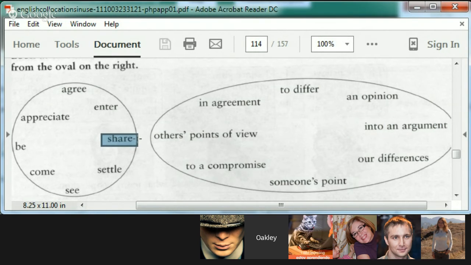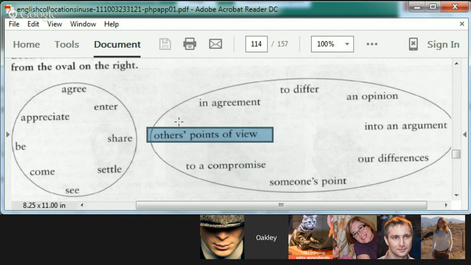Okay, how about share? Alex, share. I found only one pair. Share an opinion. You can share an opinion, yeah. Very good. And pretty much the same thing, Alex. You can share others', other people's.